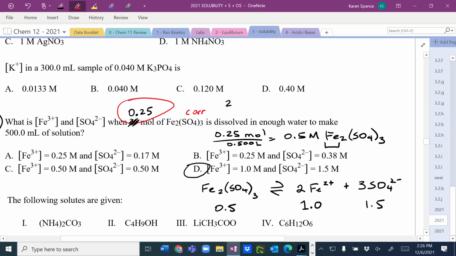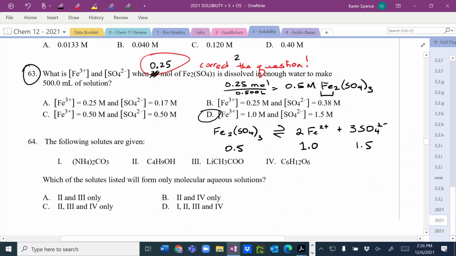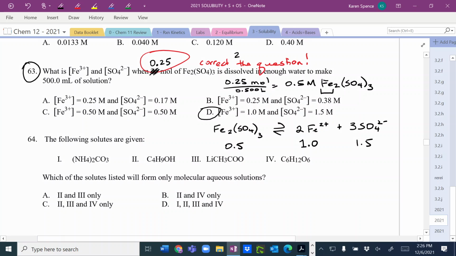Okay, 64. The following solutes are given. Which of the following will form only molecular aqueous solutions? Okay, so we need something that does not have ions in it.